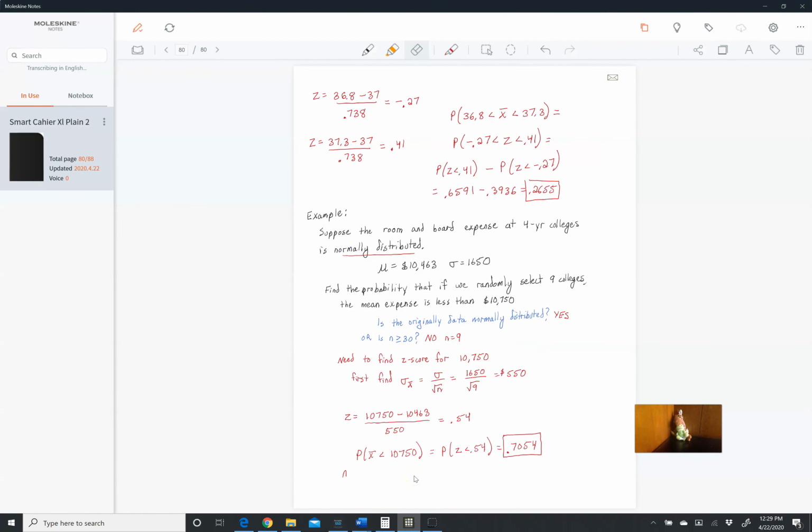This is saying about 71% of samples of 9 colleges will have a mean room and board expense less than $10,750.